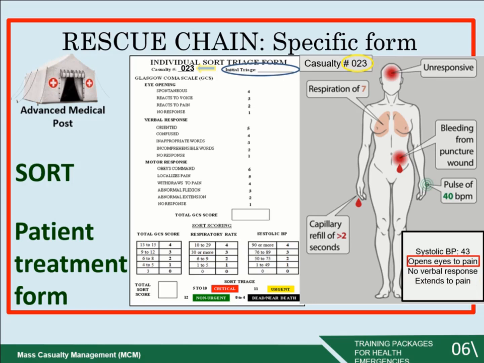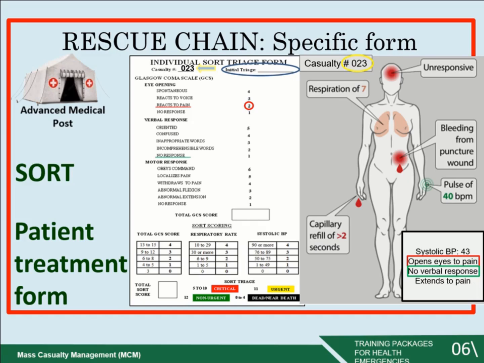Personally, I'd like to compute for the GCS first. Since our patient opens her eyes to pain, referring to our eye opening scale, reacts to pain has a numerical value of 2. Next, for the verbal response, our patient does not have a verbal response.